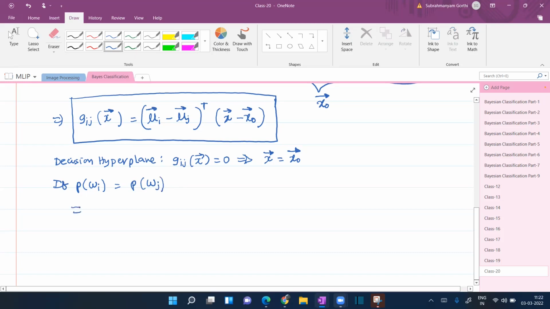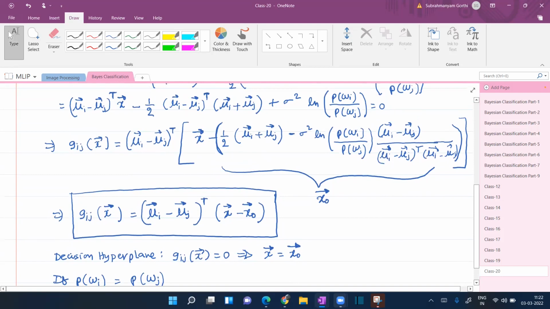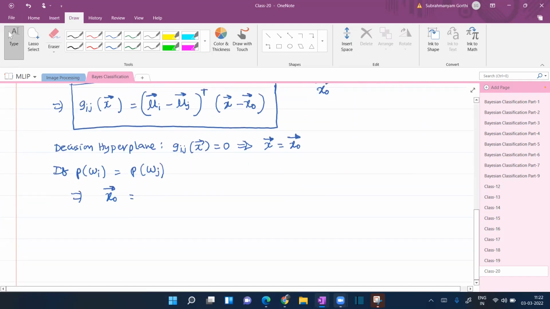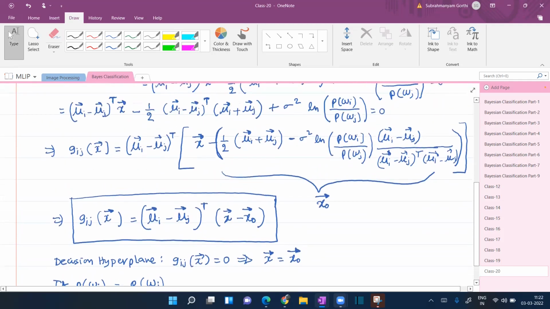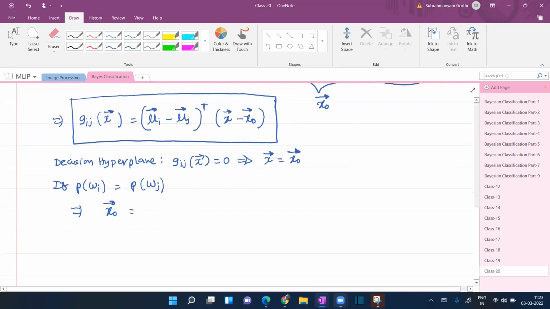Then you tell me now what would be the value of x naught bar. You can look at this equation and tell me. Minus half mu i plus mu j. Very good. I have written it as x bar minus x naught bar, so that minus won't come, because whatever is inside the brackets, I'm considering as x naught bar.